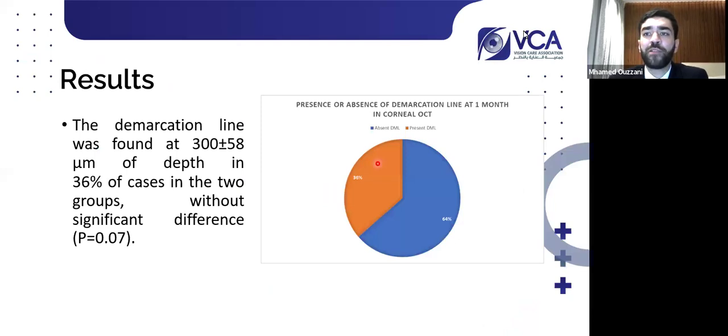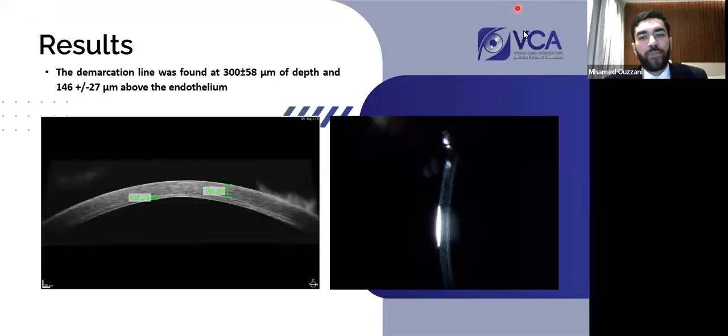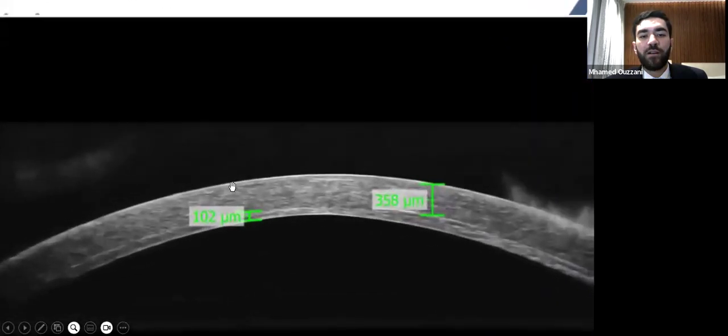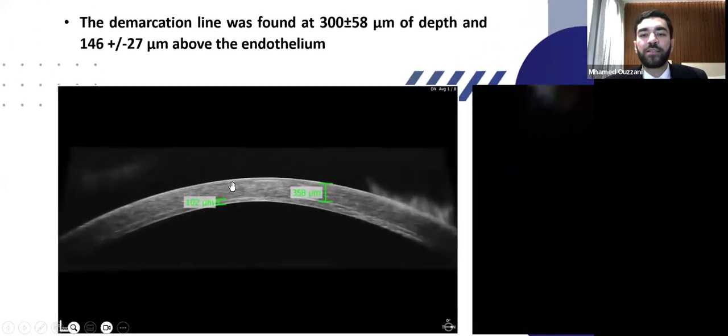The presence of the demarcation line, as I said before, is maybe a sign of the efficiency of the corneal cross-linking. In our study, we had a demarcation line at 300 microns of depth in 36% of cases in the two groups. Here I show you some examples of demarcation lines.